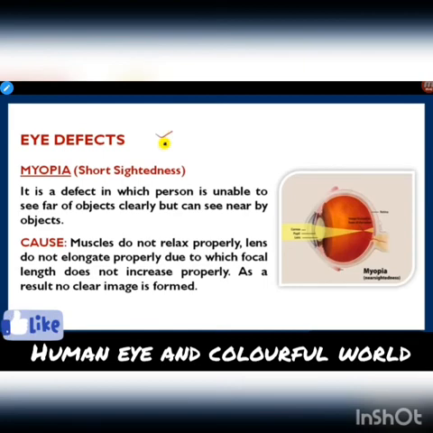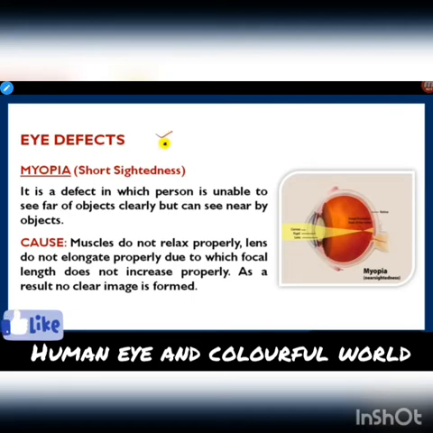Now there are certain eye defects based upon the problem in the lens. First one is myopia or short-sightedness. It is a defect in which a person is unable to see far off objects clearly but can see nearby objects.